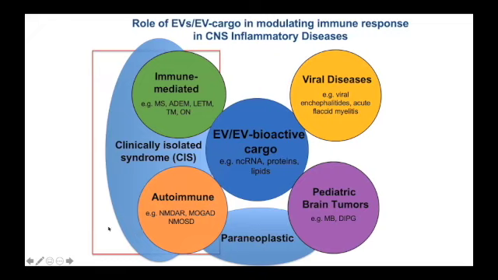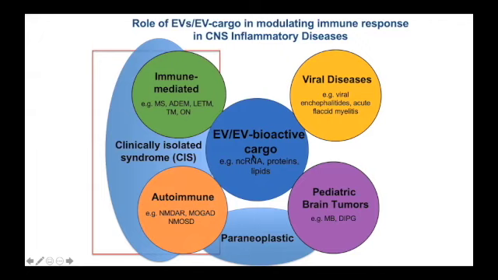But it wasn't until my residency, when I worked with an adult brain surgeon who was doing work on EVs in GBM, that I learned about EVs and non-coding RNAs, working on a pediatric brain tumor project, which is currently under review.